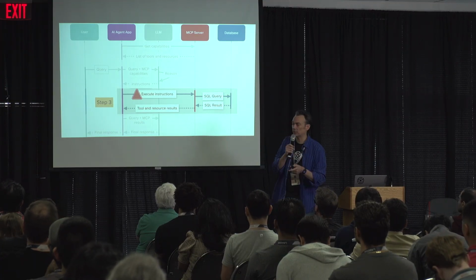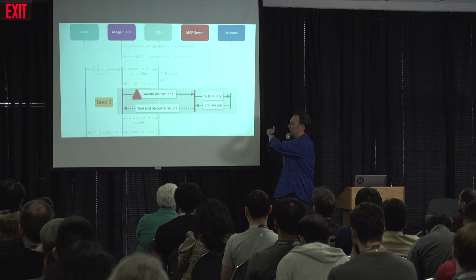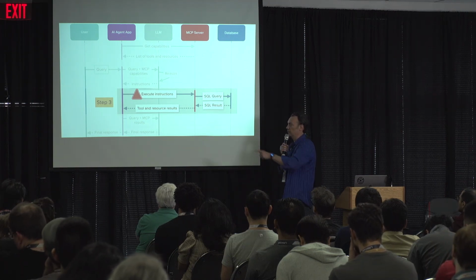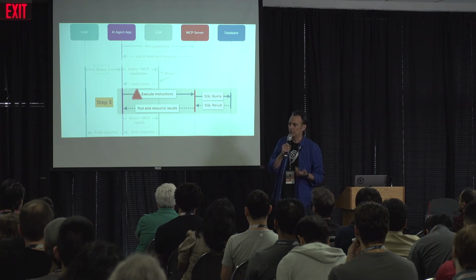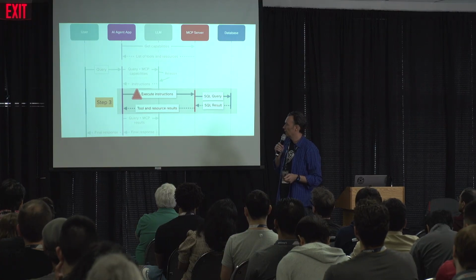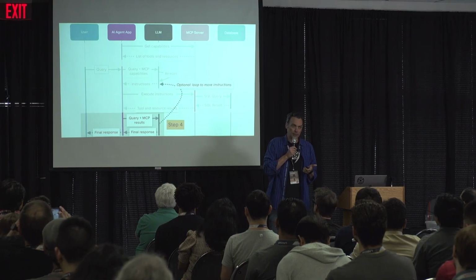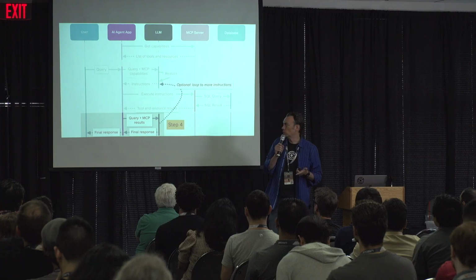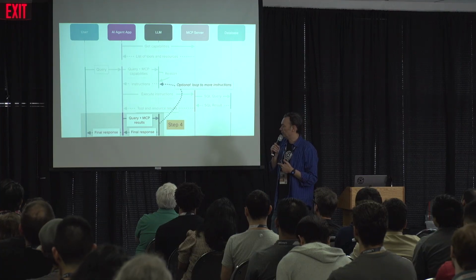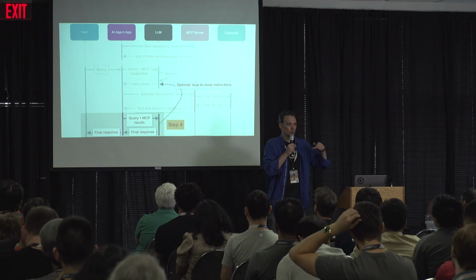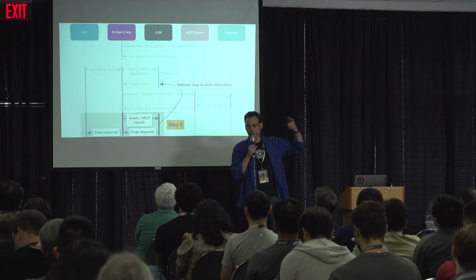It could be anything. In this case, we'll use an example of a SQL query and a result, and then the tool and resource results get sent back to the app. And then finally, the query plus the results from calling the tool are sent to the LLM, which can produce a final response or do the whole thing over again and keep going.